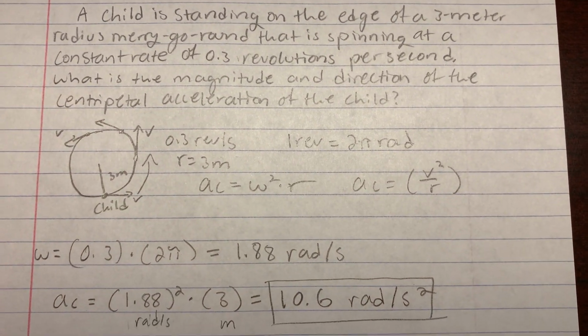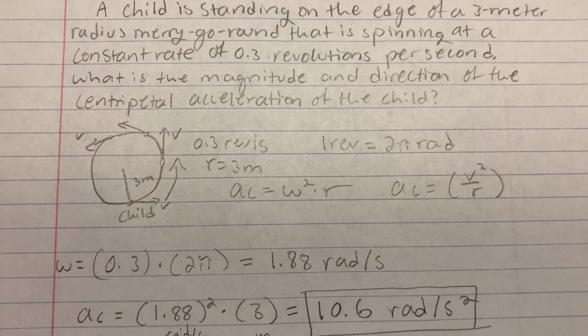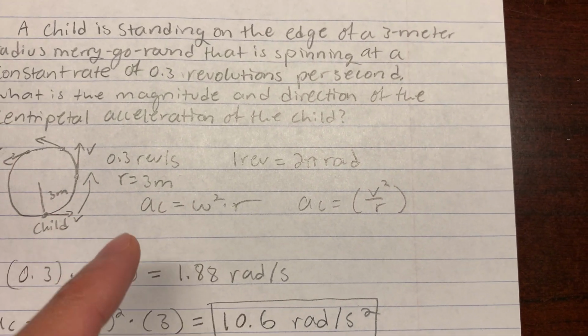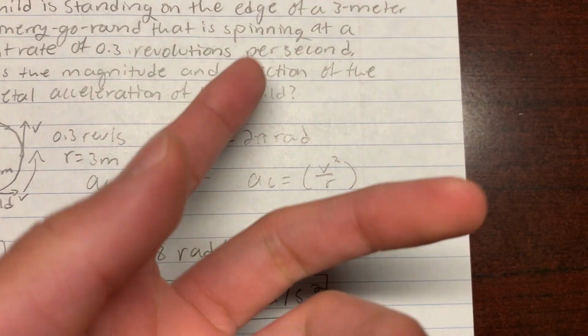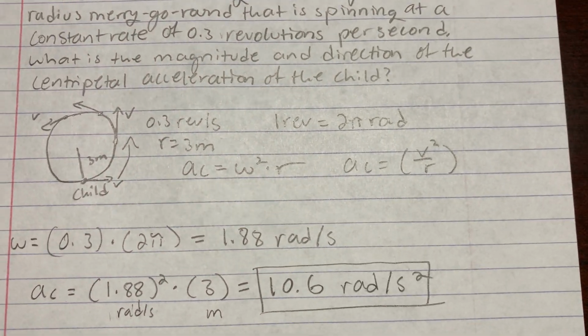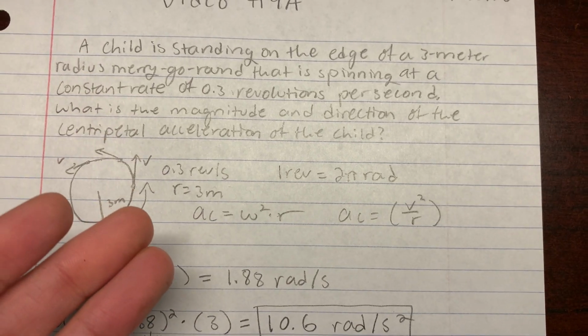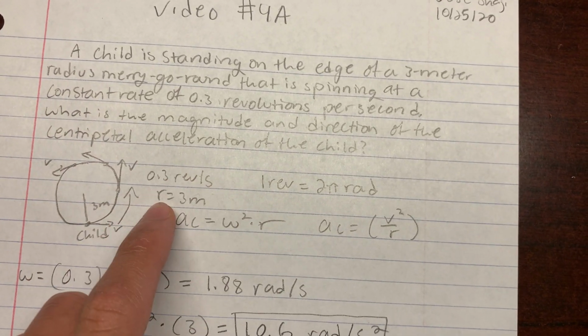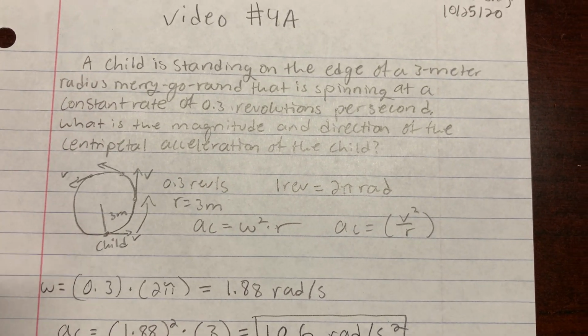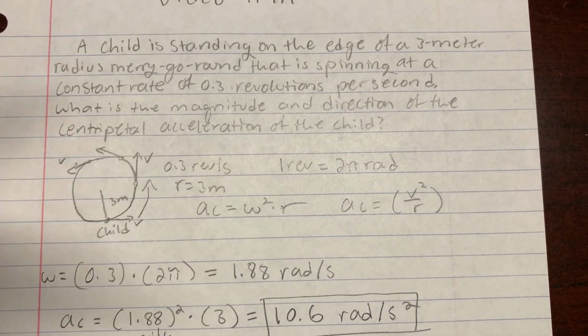The equation for the centripetal acceleration is angular velocity squared times r, or velocity squared over r. They're the same. So we need to find the angular velocity since we're given 0.3 revolutions per second, which is the magnitude of the child spinning.